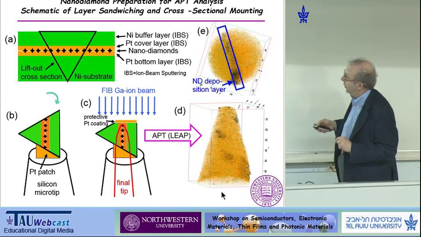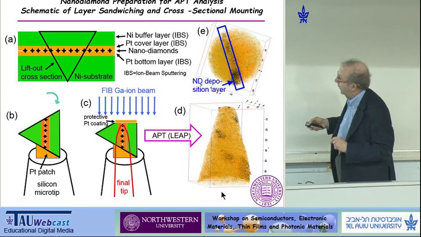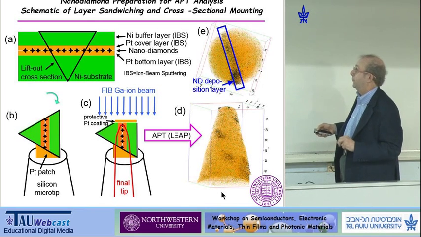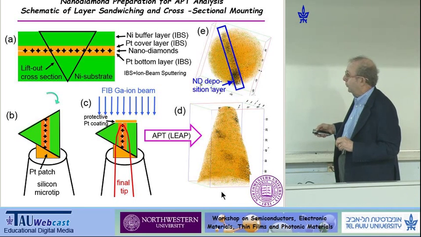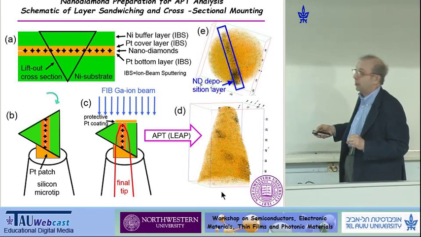Okay, go to B. I'll show you how we get to B. We have over here a triangular cross-section, and here is this layer containing the nanodiamonds. This is a silicon microtip, and this is a piece of platinum over here, and we essentially cold weld this triangular shaped piece, which has a thickness to it, to this platinum patch.